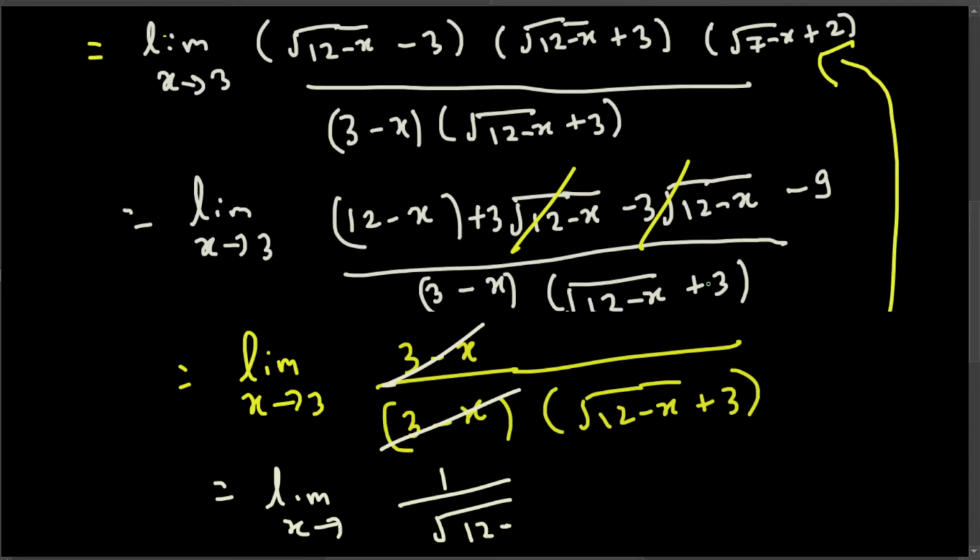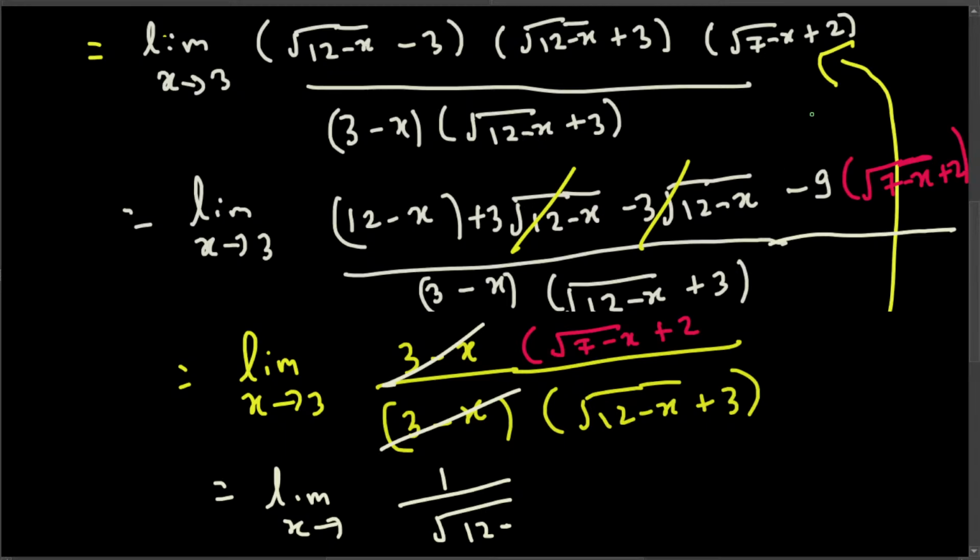You know what? I forgot this, like we FOILed this one, but we still have this square root of 7 minus x plus 2 remaining. Okay, we have to keep on writing that. Look, I'm gonna keep on writing that. Square root of 7 minus x plus 2, and here also multiply this one by square root of 7 minus x plus 2, because I missed it in this step.